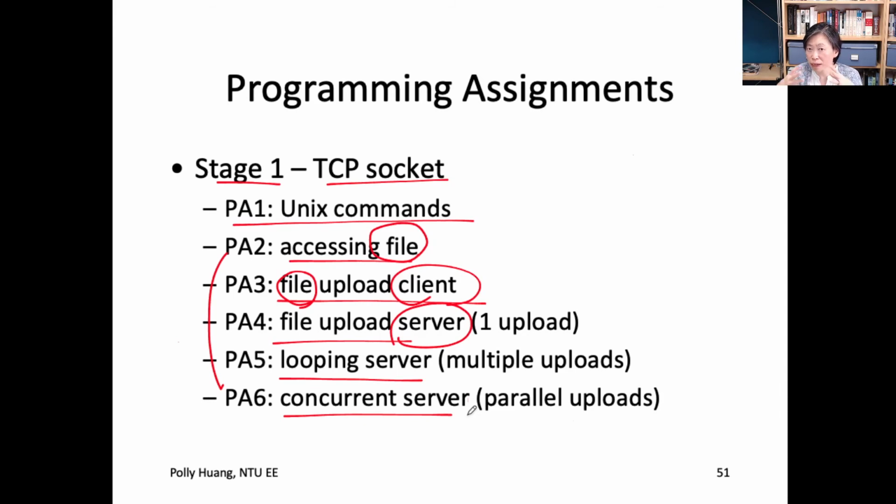PA6 is to make the server appear that it's working concurrently, serving multiple file upload requests. So this is one upload, and this allows multiple uploads. This allows parallel multiple uploads. Then after you're done with PA4, you can claim that you have finished writing a professional file upload server.